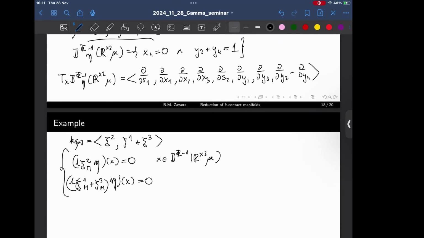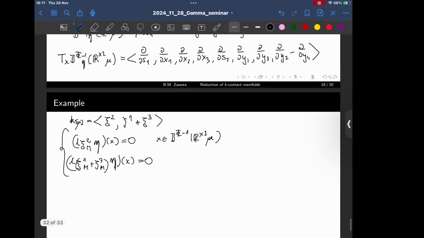Okay. So now by simply changing coordinates, it's maybe a little weird, but somehow natural, simple calculations.